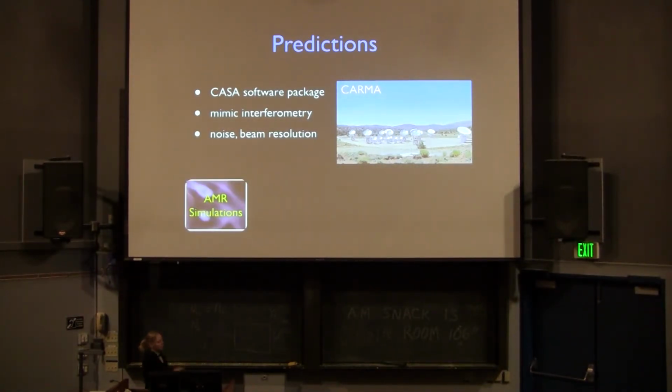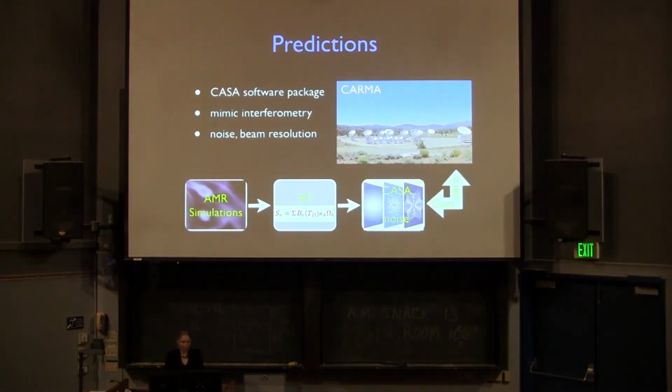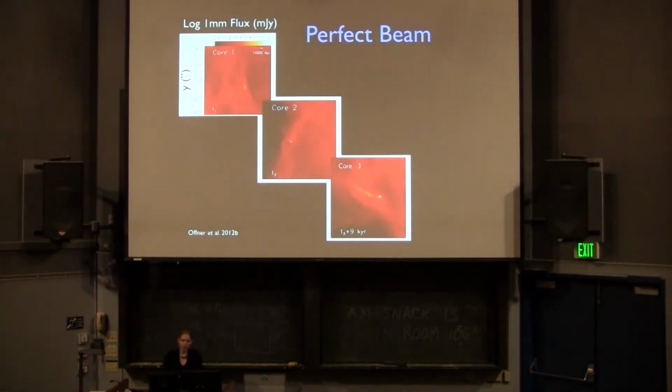So we start with this AMR simulation, including radiative feedback. I computed the dust emission at longer wavelengths, ran that through CASA, and then compared directly with his observations. So here's an example of 3 different cases in the simulation which are in the process of fragmenting and forming a binary, or at least forming a wide stellar pair at early times.